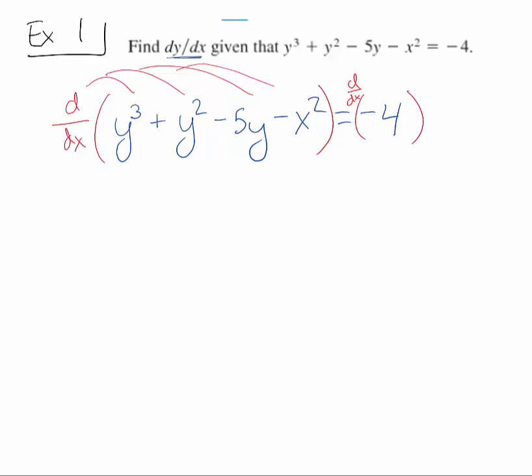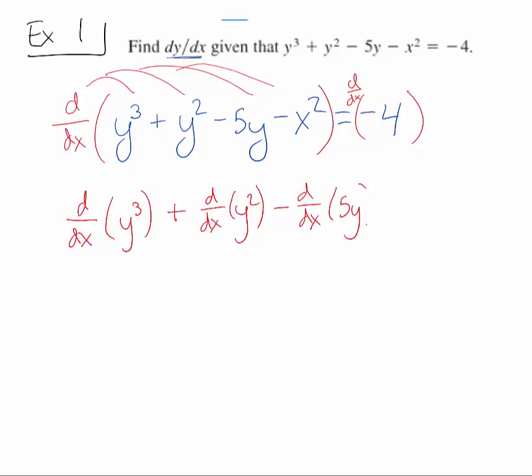We expand it out to every single term. So it's the derivative with respect to x of y cubed, plus the derivative with respect to x of y squared, minus the derivative with respect to x of 5y, minus the derivative with respect to x of x squared, equals the derivative with respect to x of negative 4.